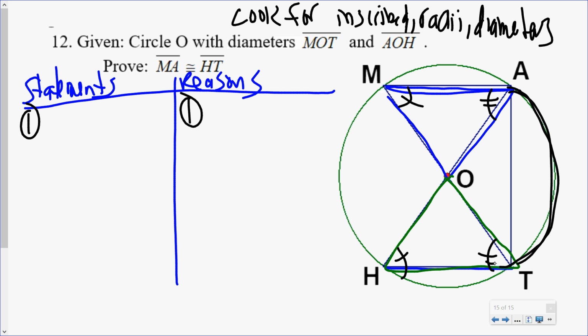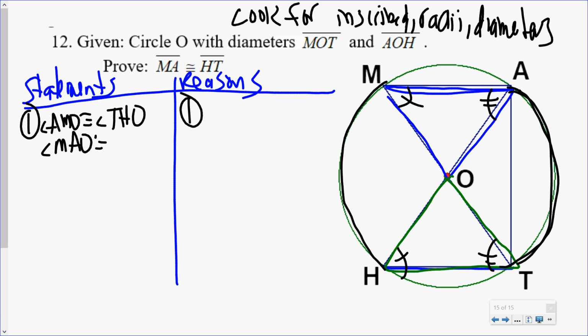Similarly, A and T both intercept that arc. So I'm going to say that angle AMO is congruent to angle THO, and angle MAO is congruent to angle OTH.